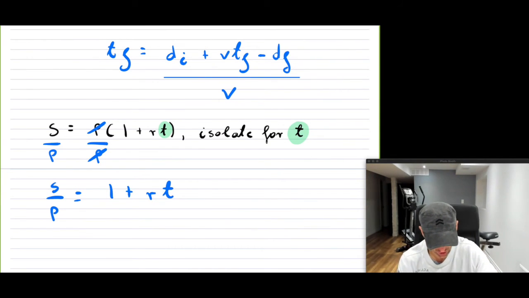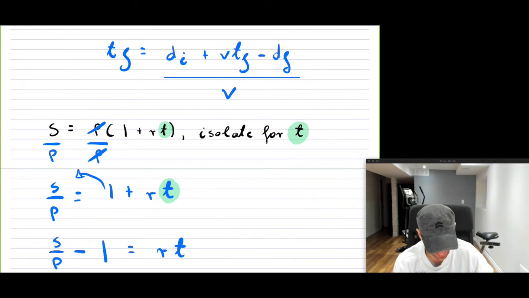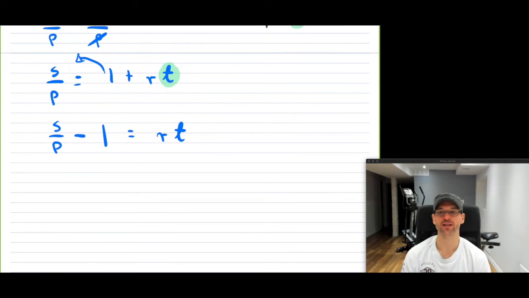Again, I am solving for this t, so I have to get rid of this 1. It is going to shift over to the other side. So this is going to be s over p minus 1 is equal to rt, because I shifted that over.